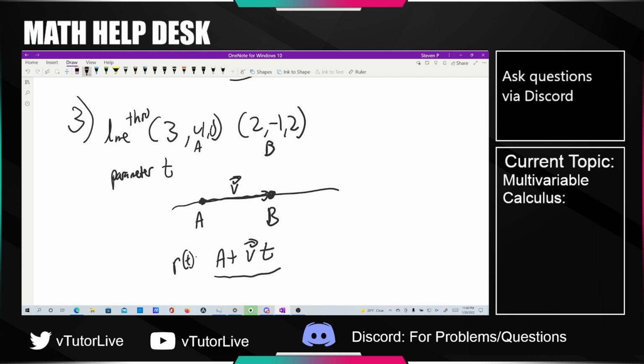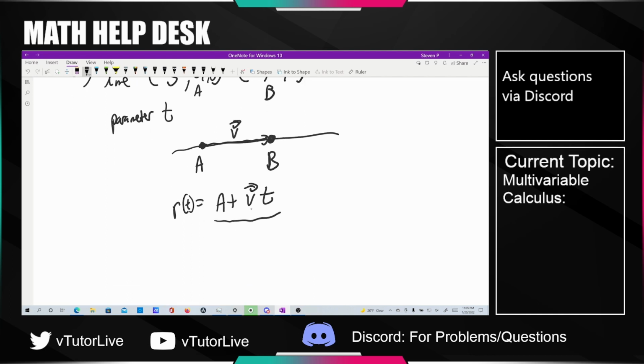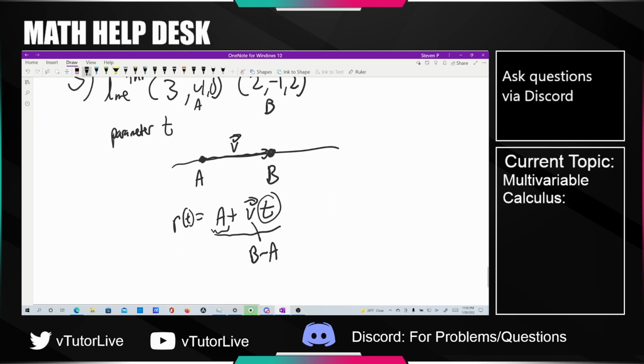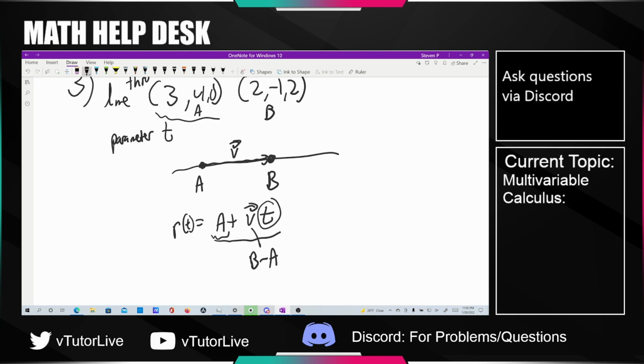I guess r(t) is equal to A plus V t. I'm leaving it kind of abstract because I don't feel like it's the most interesting problem in the world. But similar to before, V is going to be B minus A, and t is going to be our arbitrary parameter. A is going to be just the given point. And r(t) is usually called the position function.